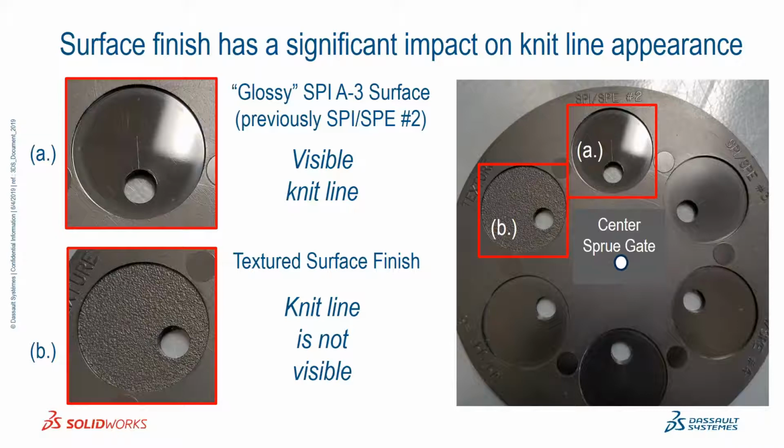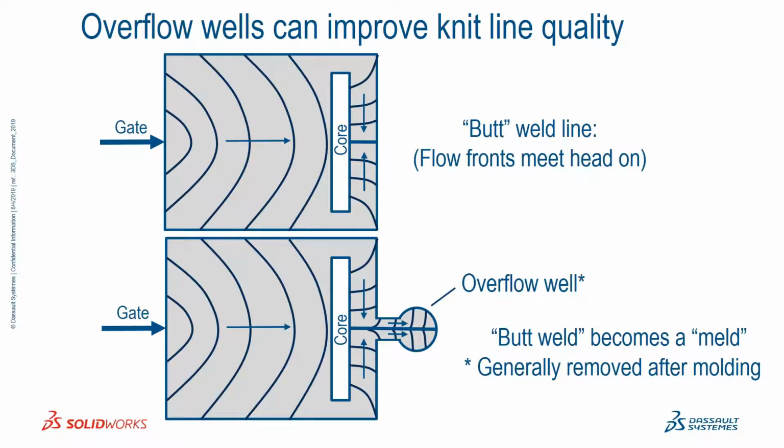Certainly you can tweak again the mechanical performance, the chemical resistance with process variables, but this is a very clear example that shows surface finish is pretty critical. So generally rougher surfaces are better in terms of disguising the appearance.